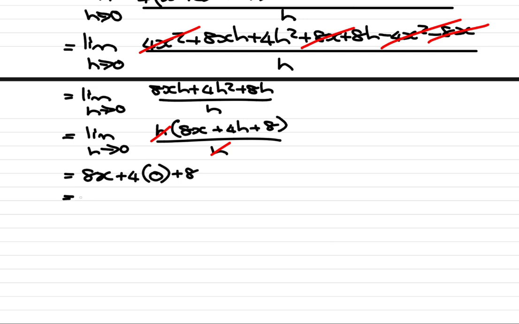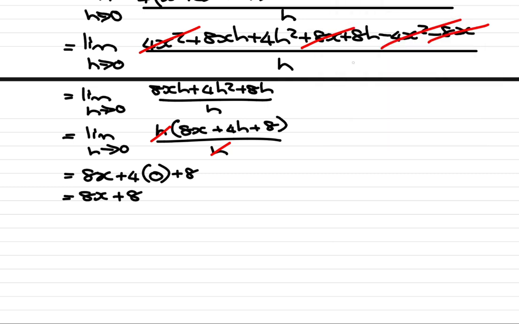This is the only time I'm going to do it. So I've simplified it, I've cancelled my h's out after I've factored, and now I've got a gradient.